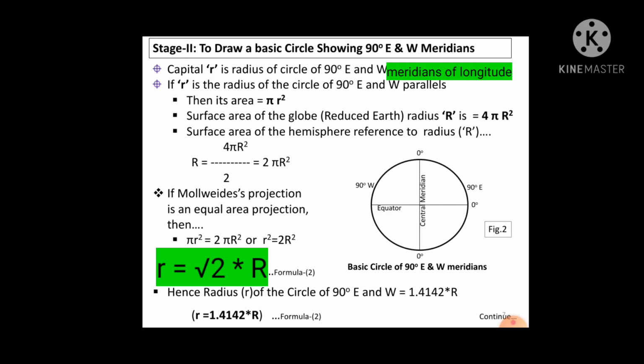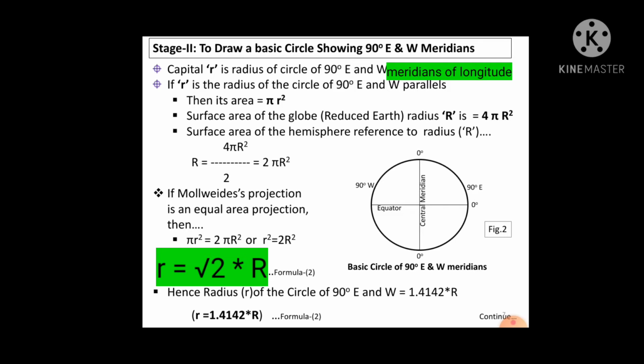To find this, you have to develop the equation, and the equation goes like this: the area of this circle would be pi r square.